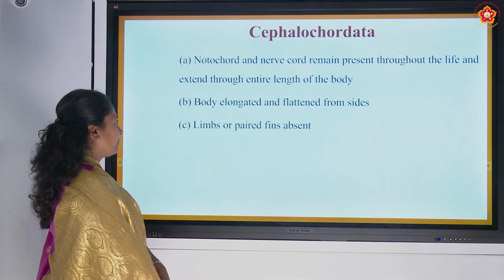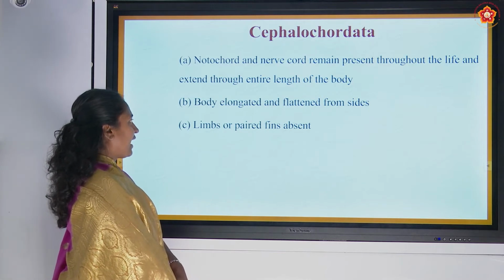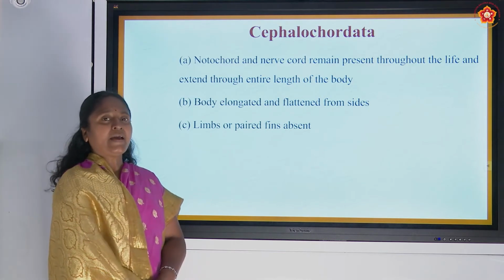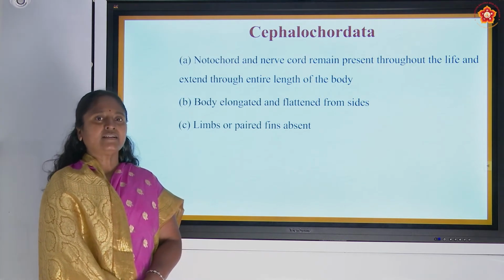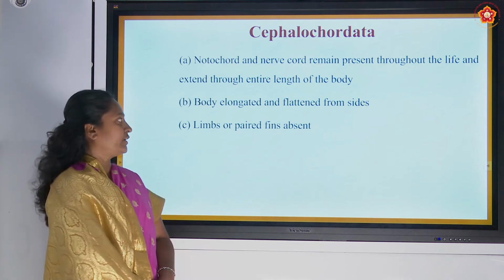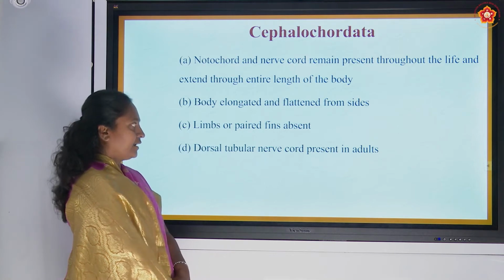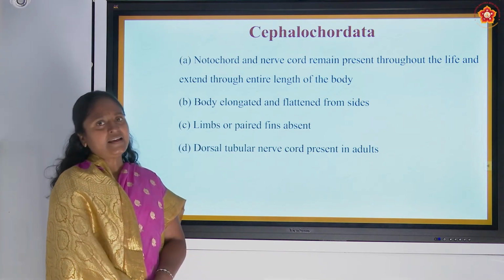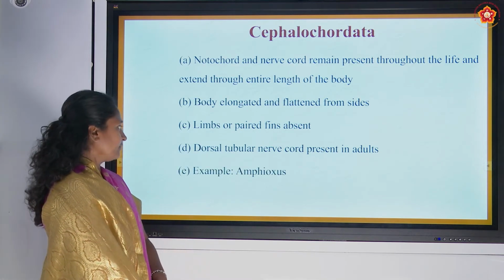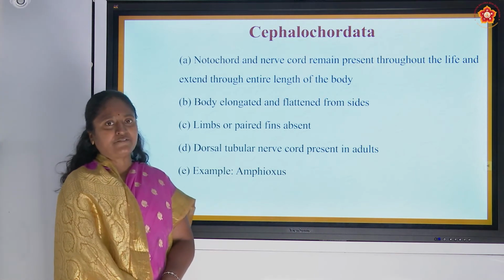These organisms have a pair of fins, using which they move around. They have a dorsal tubular nerve cord which is present in the adult. Here the example is Amphioxus.